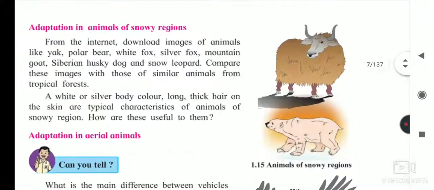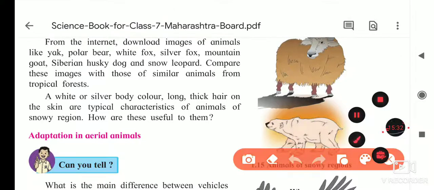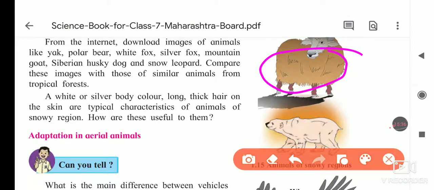Then afterwards we see the adaptations in animals of snowy regions. These animals have thick fur on their body to protect them from the cold, and their color matches the environment where they are living.